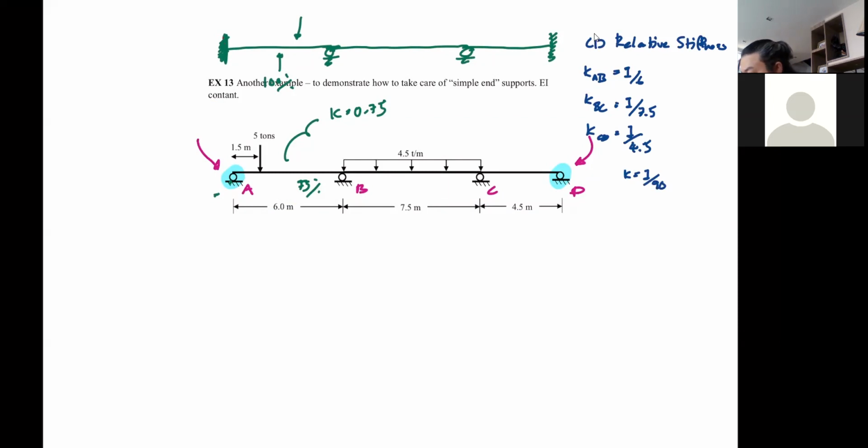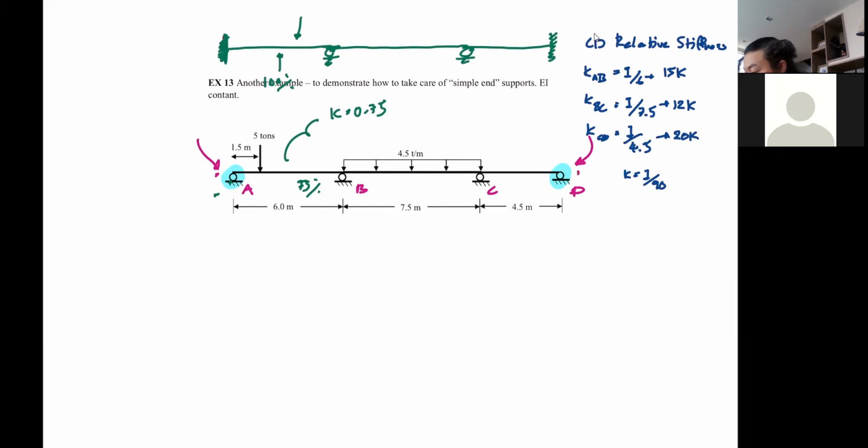So now I have KAB is 15K, KBC is 12K, and KCD is 20K. But now you see the simple end support condition for member AB and member CD.